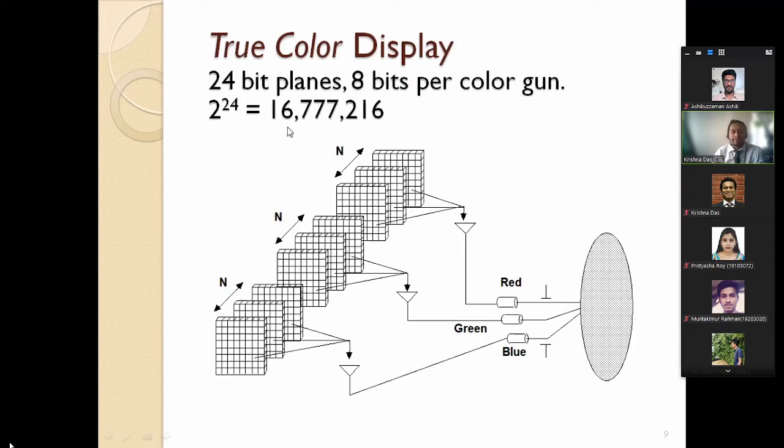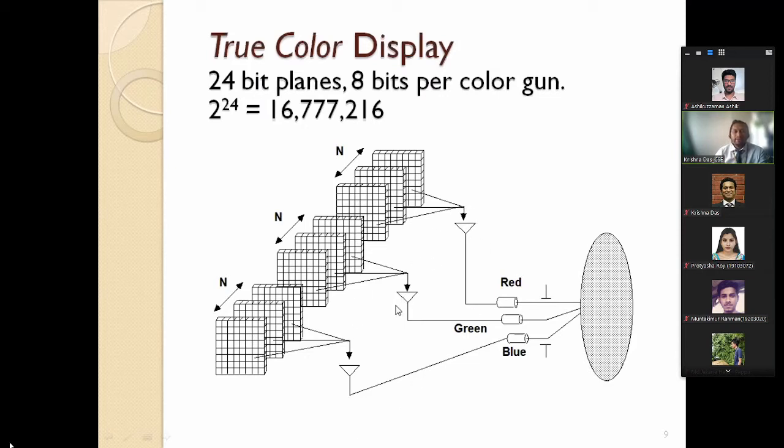So you can see that it's a huge number, I think 1 crore 67 lakh 77,216 different colors. Our brain can identify the difference, and that is possible when you have 24 bits defined for one pixel.